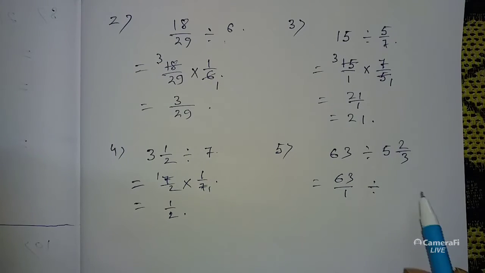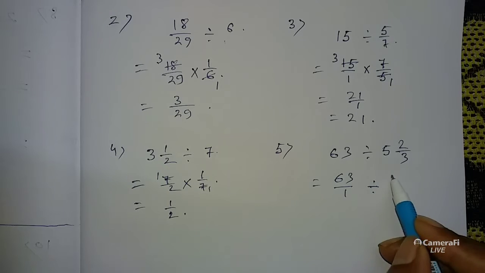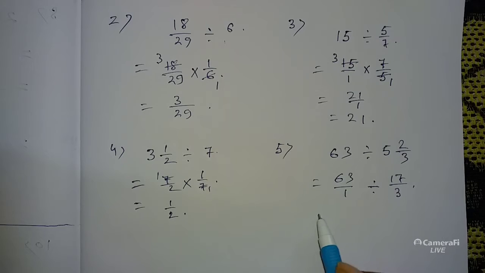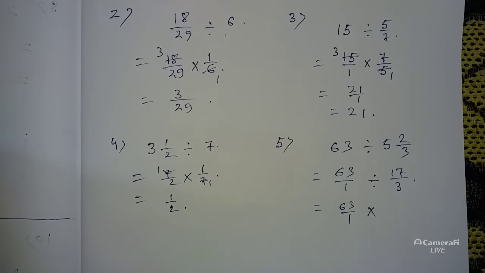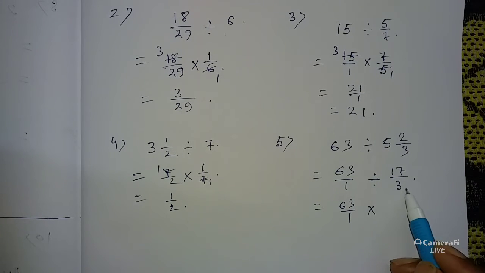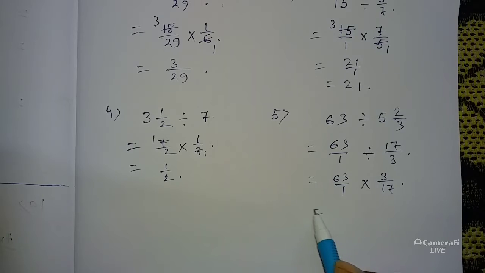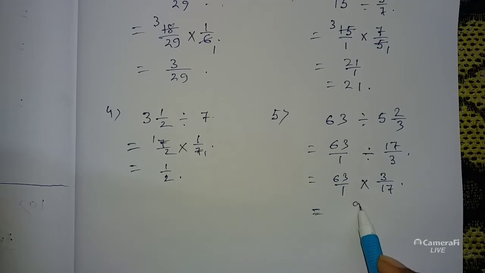Let us convert it. 5 threes are 15 plus 2, 17 by 3. Now 63 by 1 remains the same. Change the division sign into a multiplication sign and take the reciprocal of this one. The reciprocal is 3 by 17. Now simplification is not possible here. We will just multiply. 3 threes are 9, 3 sixes are 18, 189, and by 17 into 1, 17.